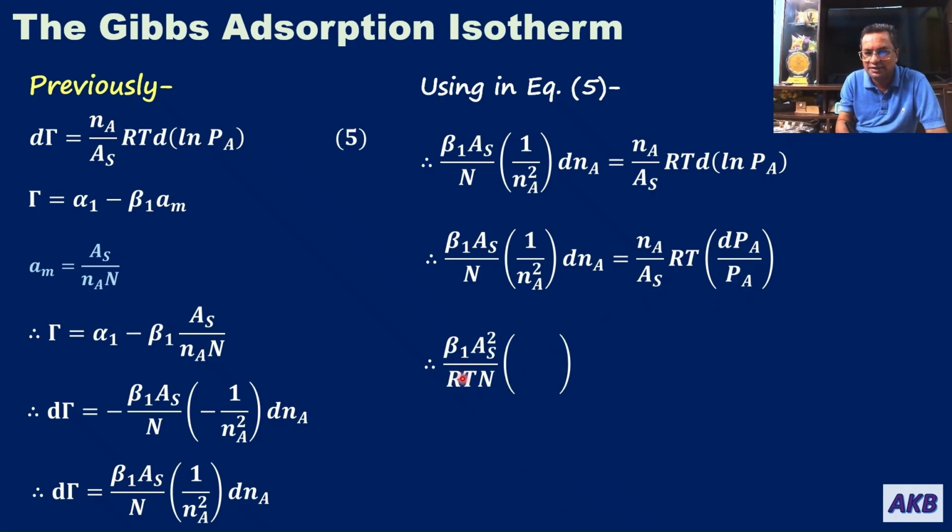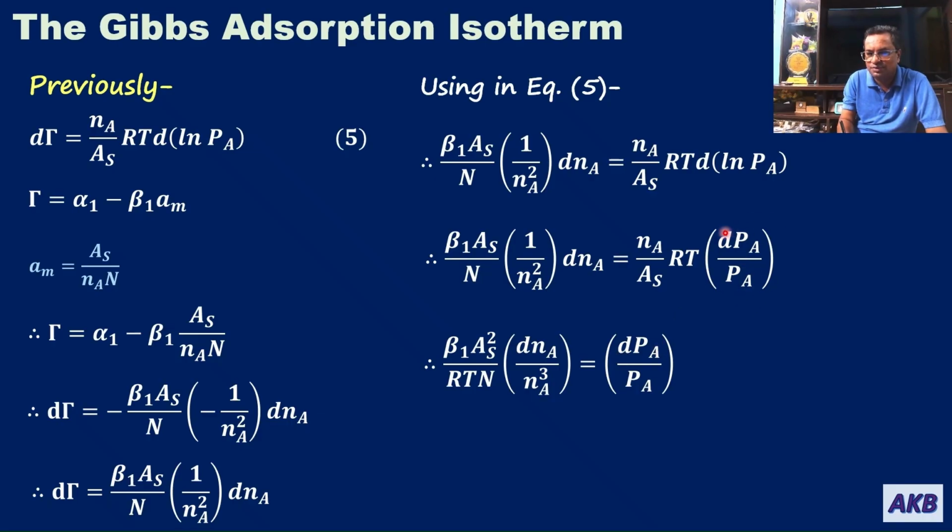Then in the next step, I will rearrange the equation. So it is beta 1 into As square upon RT into N into dNa upon Na cube, because we have Na on this side. So when it comes to the other side, that is the left hand side, it will go to the denominator. So the term will be dNa upon Na cube, that is equal to dPa upon Pa.